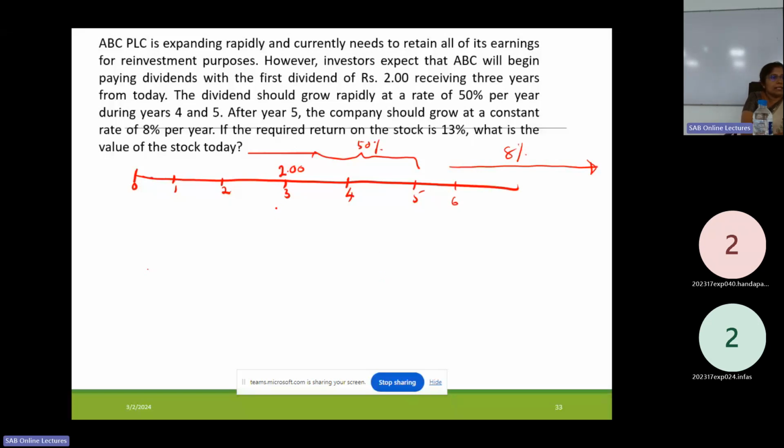So you have to calculate dividends relevant for the period. Now this is a differential growth model. To the point where the constant growth has started, you have to value the share. Then you have to discount all expected dividends and the expected value at the point where the constant growth started to the present. So that is the value.